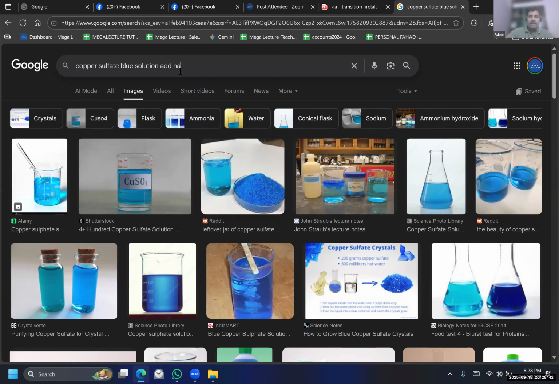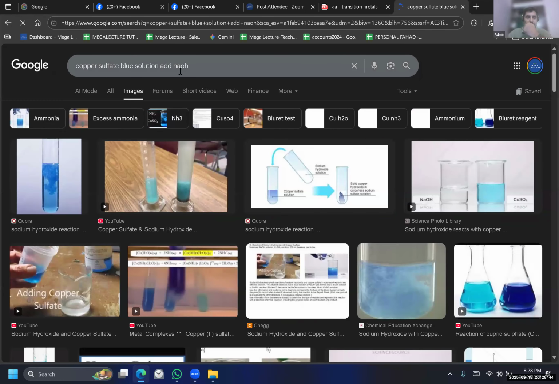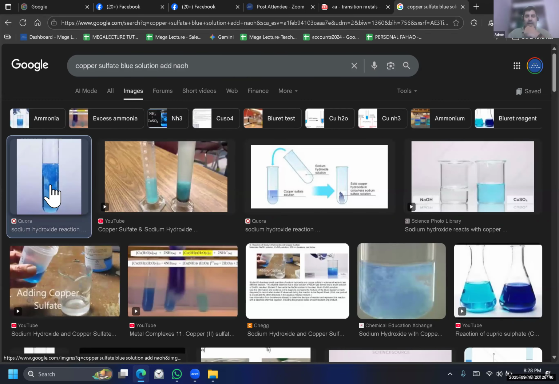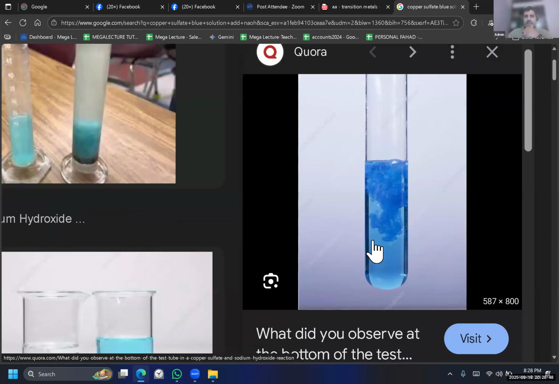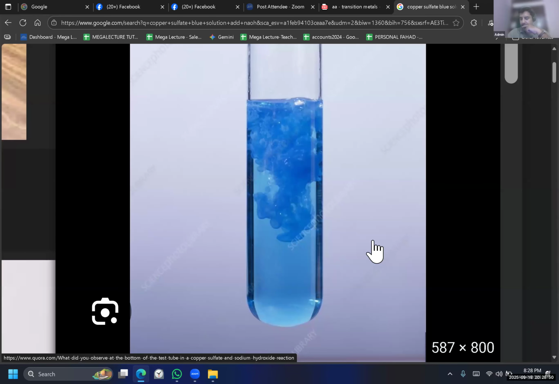You're adding the OH ion as a ligand. The moment you add OH ions as the ligand, the copper ion is now surrounded by two OH ions. It will become neutral and the water molecules will leave and it's going to start forming a crystal.